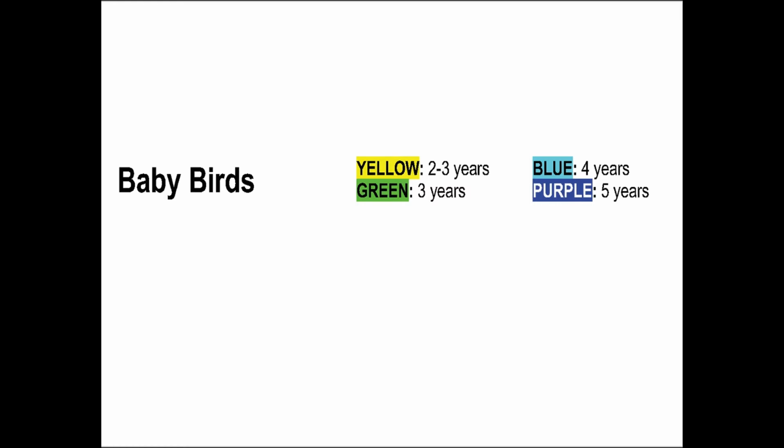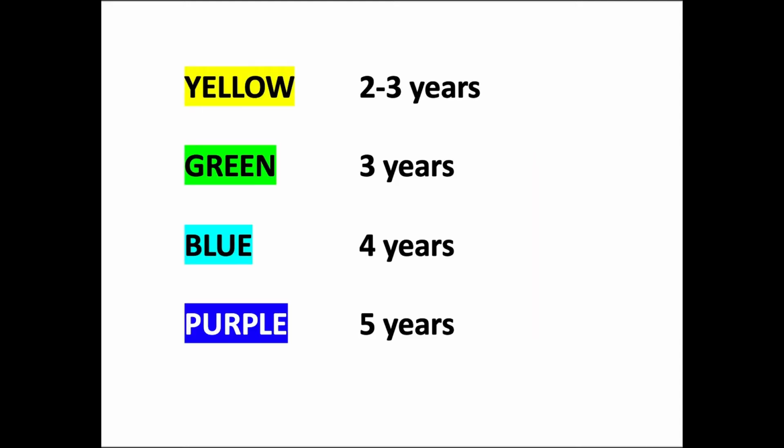This is our color coding key, and this is a fantastic feature on our language concept card. Language comprehension happens at different ages, so we color-coded the different language concepts that children normally acquire by a certain age. So let's take a closer look at how this works.